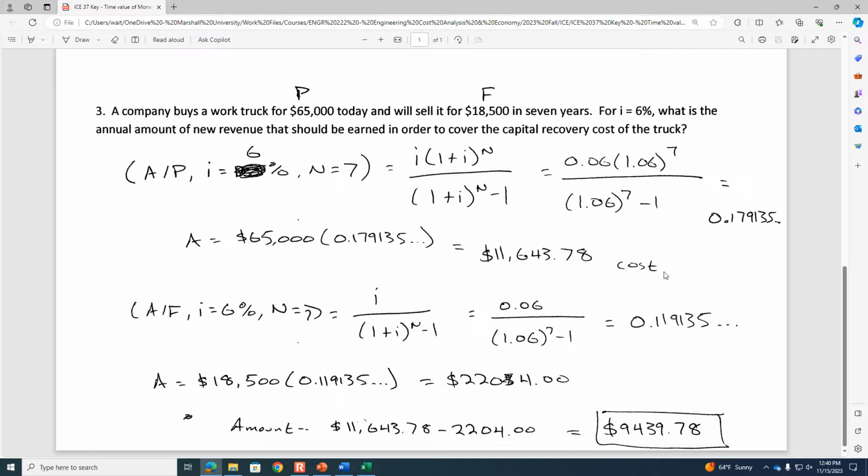You can see here in the side of it, I've indicated that's a cost, that's an outflow. But then the sales price of $18,500, 7 years in the future, that's an inflow, so we're going to subtract the two.